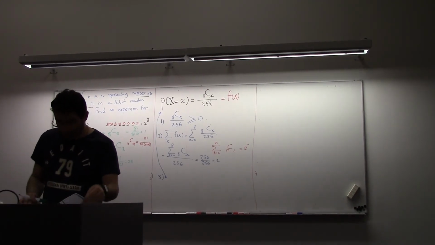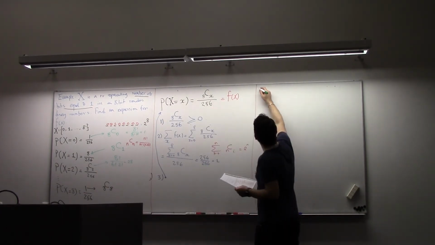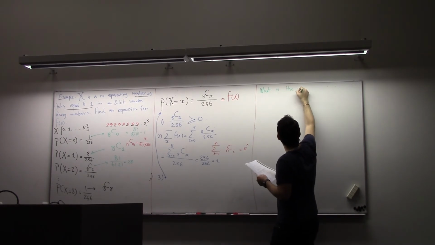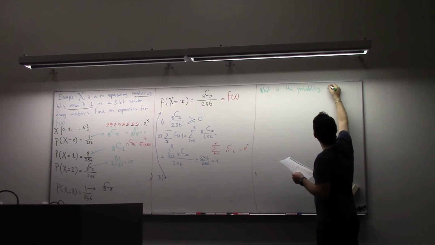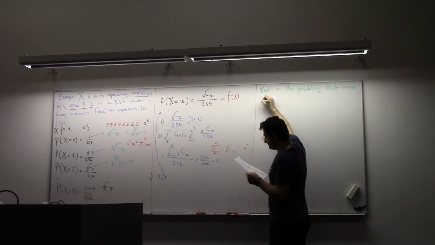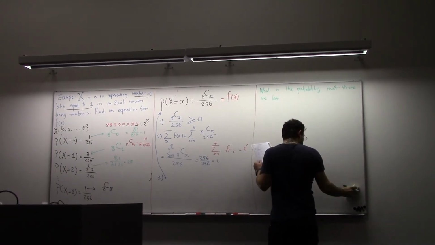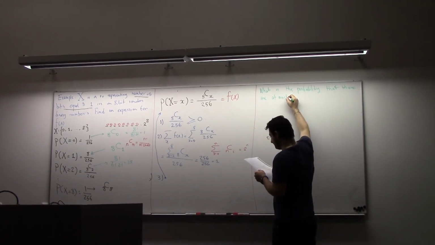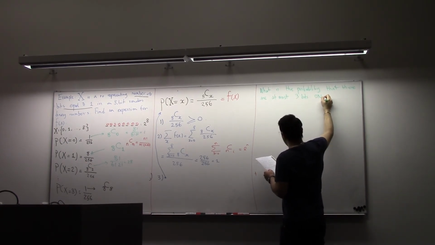The continuation of the example is this: what is the probability that there are at most 3 bits on?